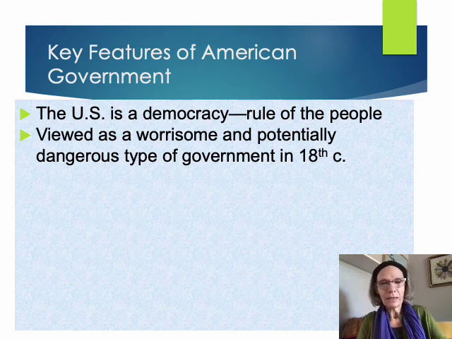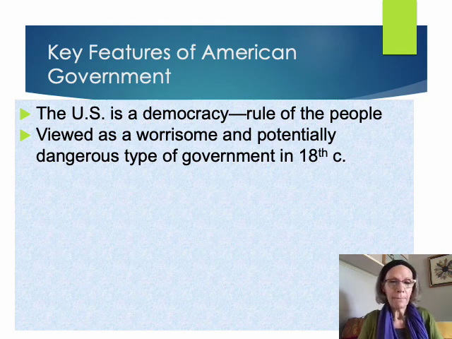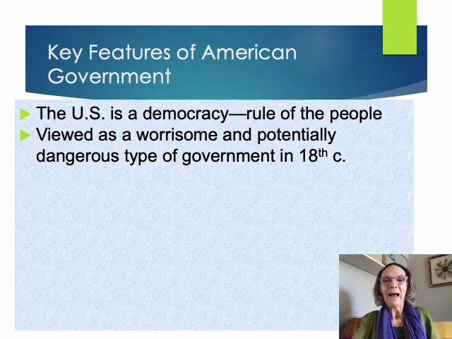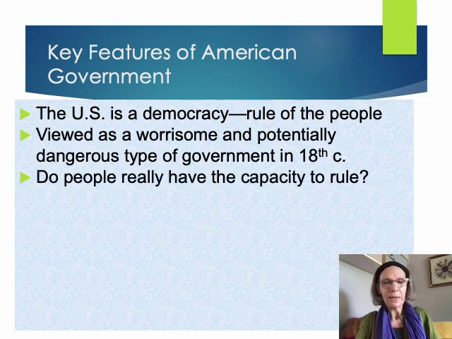It's another thing to let people do that kind of ruling, and people didn't really trust humans to have the capacity to govern. And so democracy, letting people have such a say over how their government is run, was seen as both troublesome and a potentially dangerous form of government.